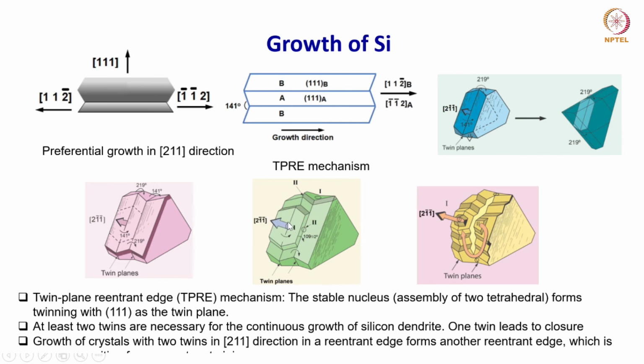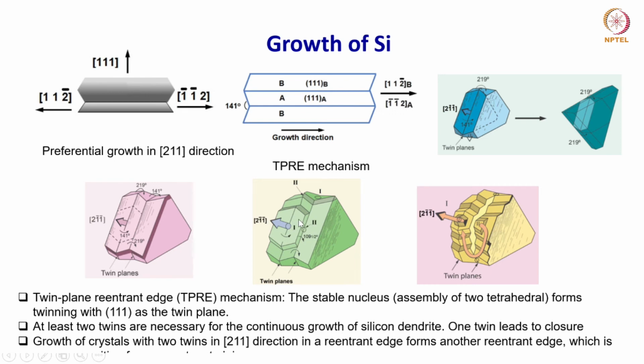Right? So as you have more of these reentrant edges, more growth occurs, because, as I said, these reentrant edges are the preferential nucleation sites for more atoms of silicon to get attached and the crystal to grow. Okay, so as more and more atoms come and attach to these edges, more growth will take place.